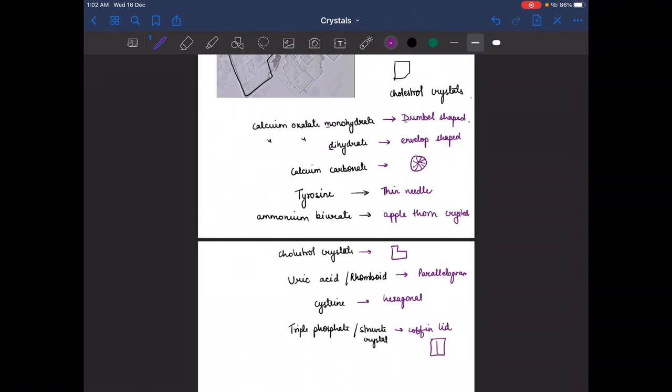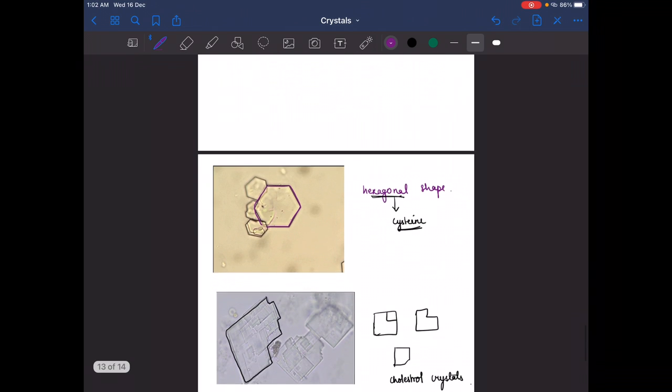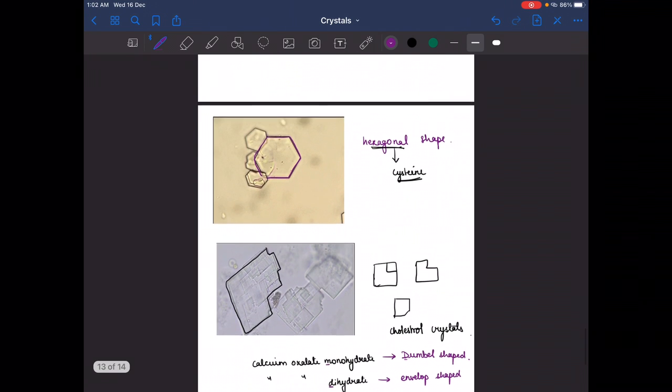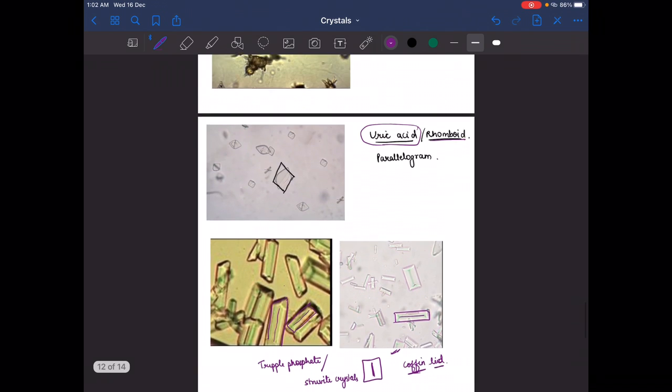If we see hexagonal shape, then those were cysteine crystals. If we see coffin lid like, then those were triple phosphate crystals. So coffin lid crystals are in this shape, as you can see, and hexagonal shape, these are cysteine. Here one part is missing, it's cholesterol crystals.